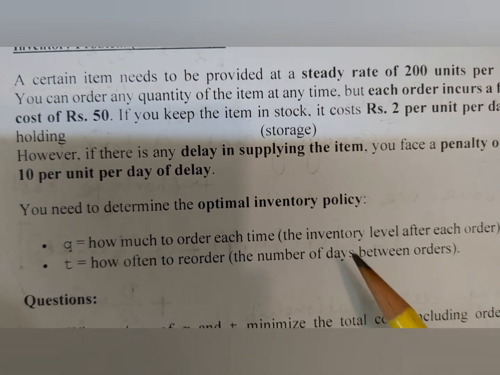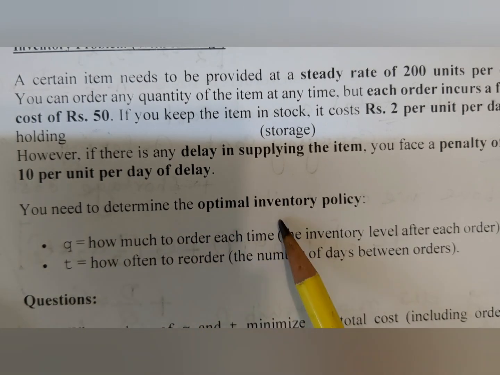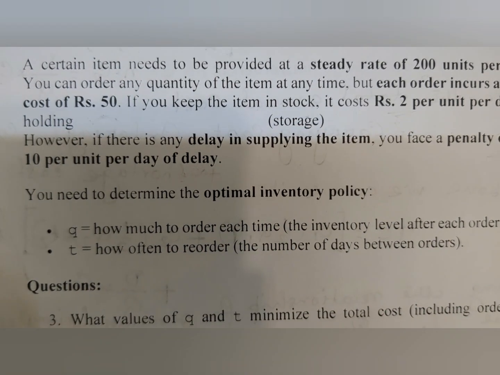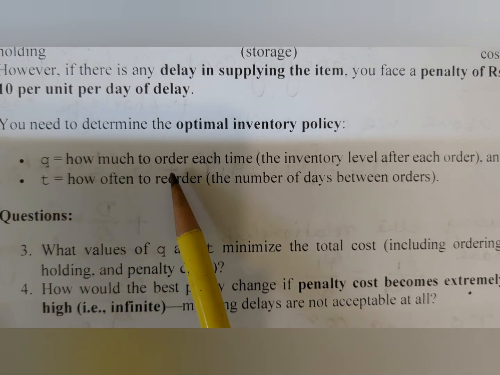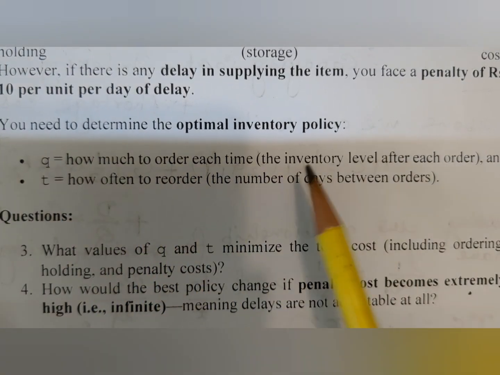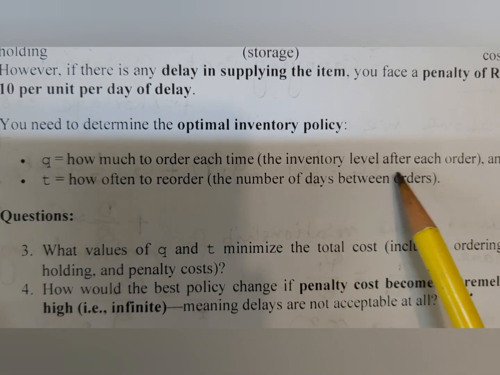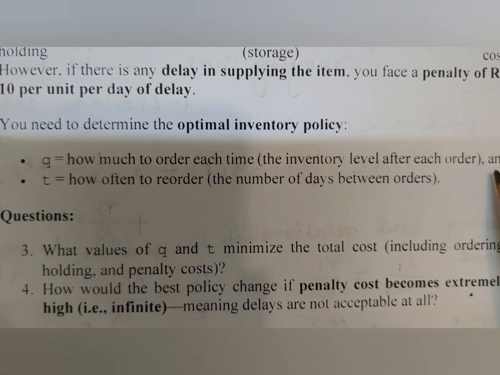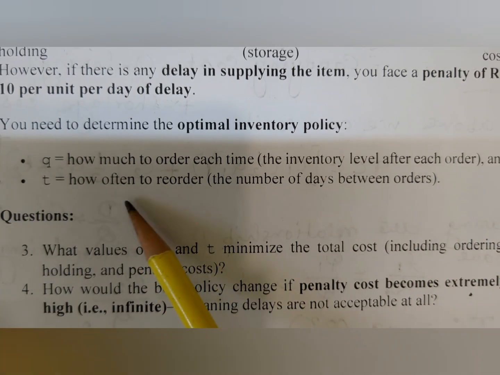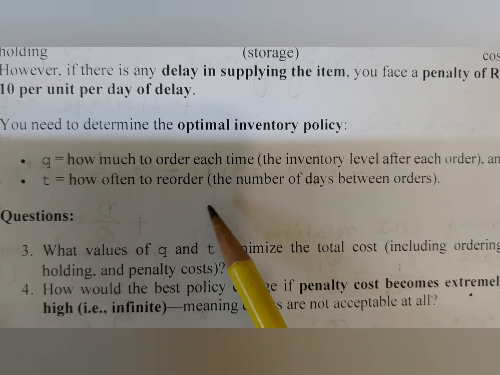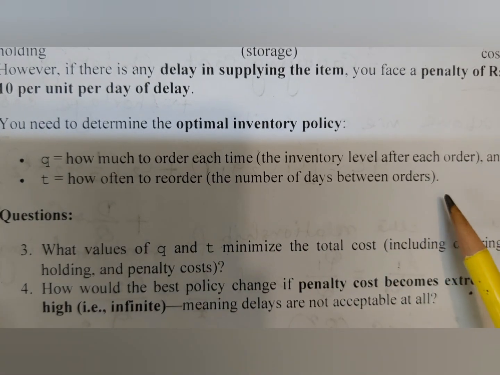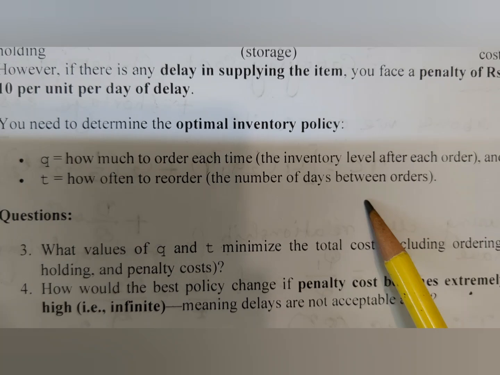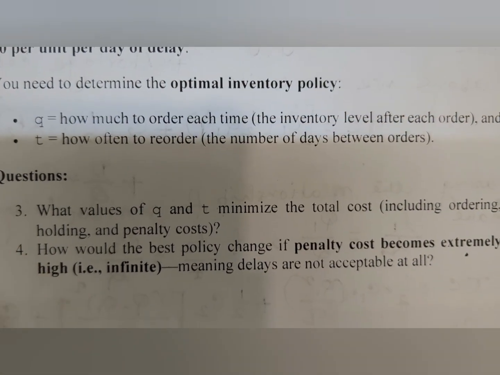Then what you have to do? You need to determine the optimal inventory policy. First, Q: how much to order each time. And T: how often to reorder, the number of days between orders. That is, how big the time gap between two orders should be, how many days' interval you will place the order.